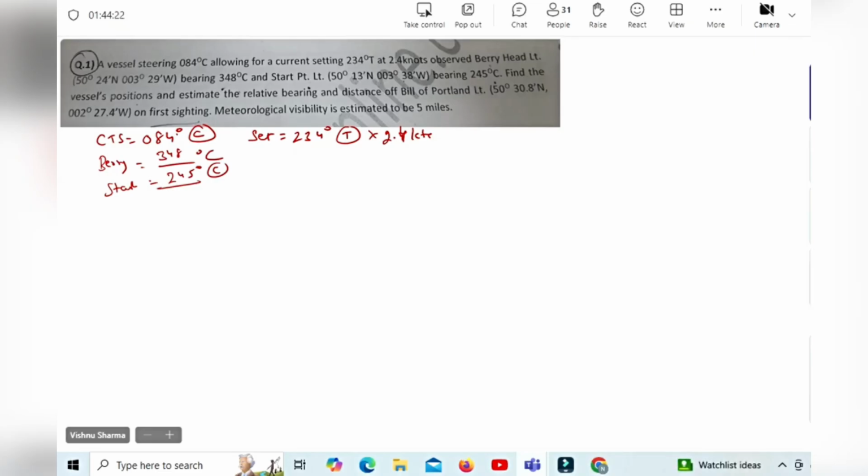Now, you see here, allowing for this current. So CTS is known, set is known, current is known.